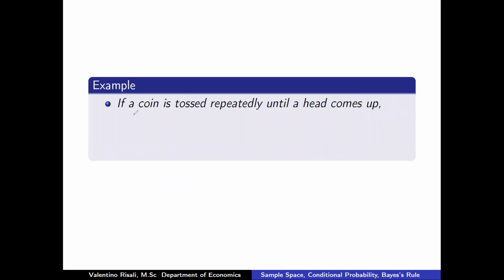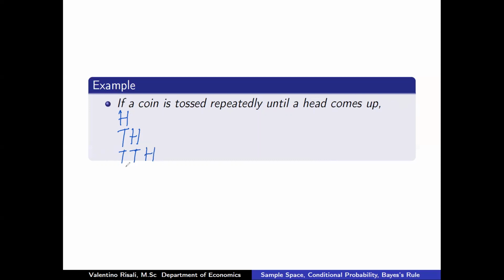For illustration, if the first toss directly gives a head, we can write the outcome as H. If the first toss shows tail and the second toss shows head, we write the outcome as TH. If the first two tosses show T and the third shows head, we write the outcome as TTH.